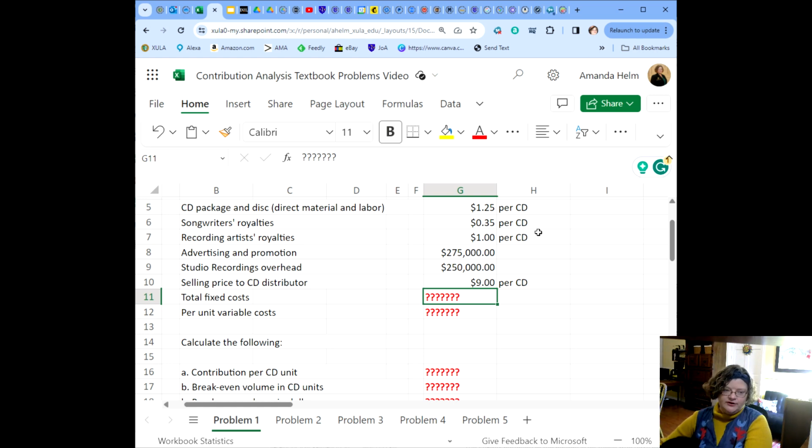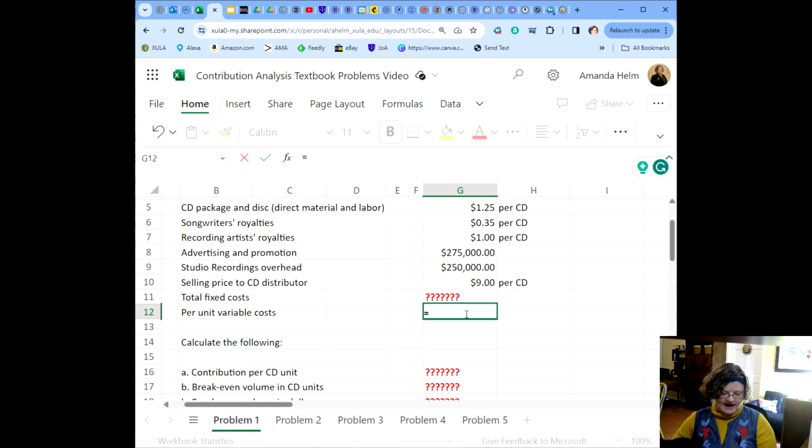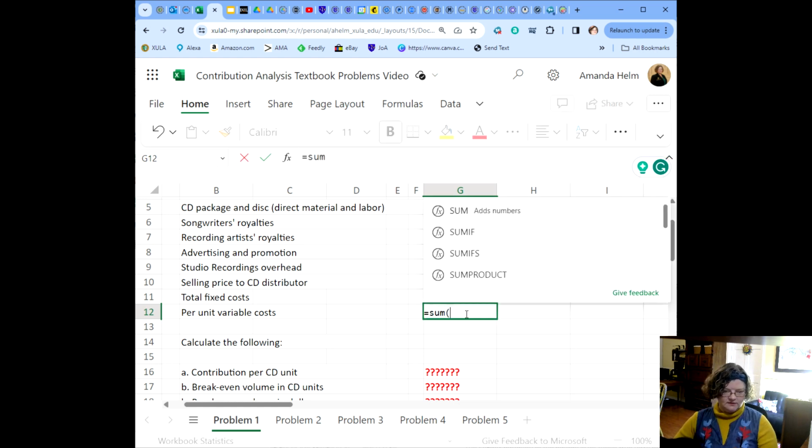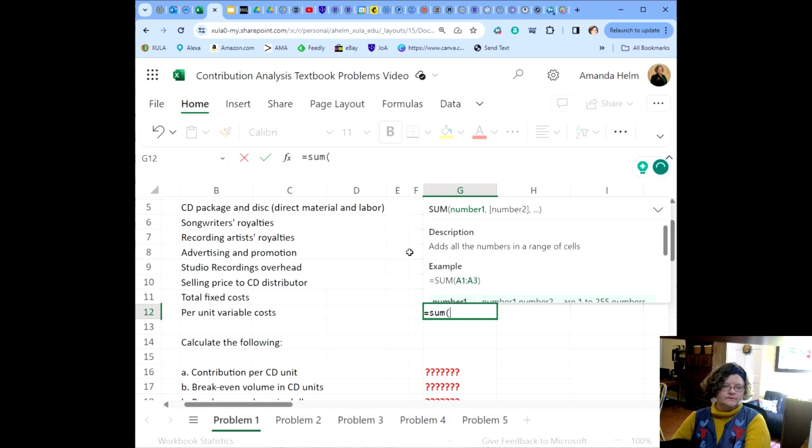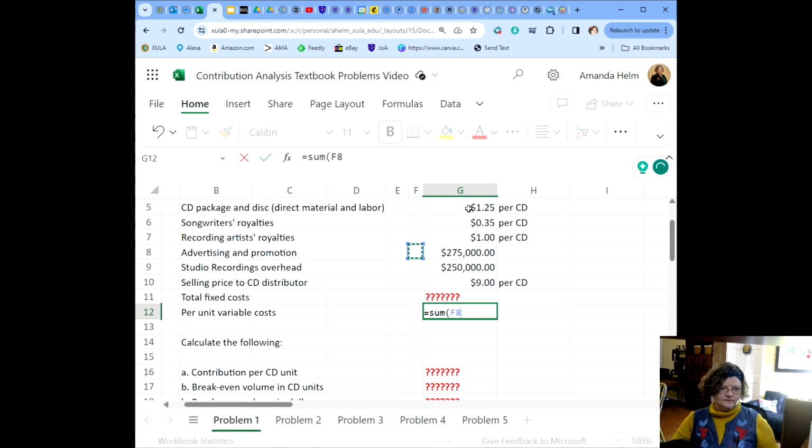So our per unit variable costs, all we have to do is add these together. Sum these three numbers right here, and it gets 2.60.